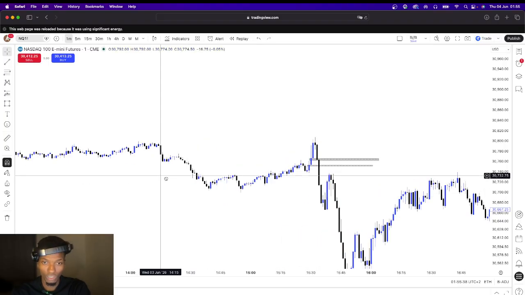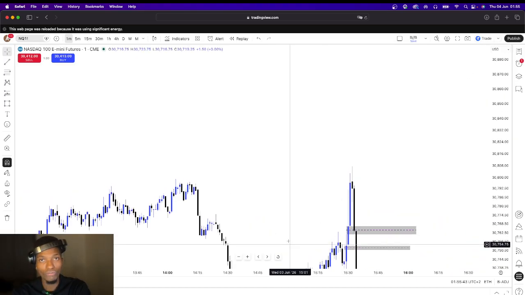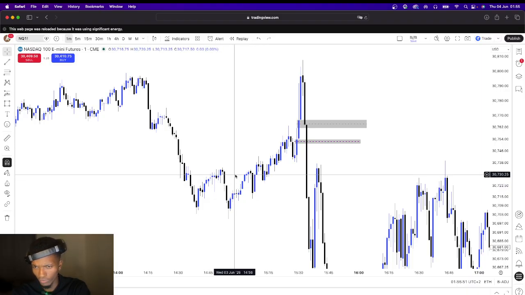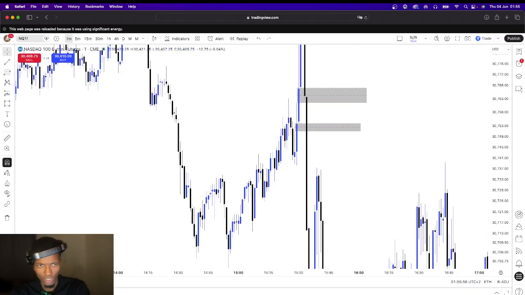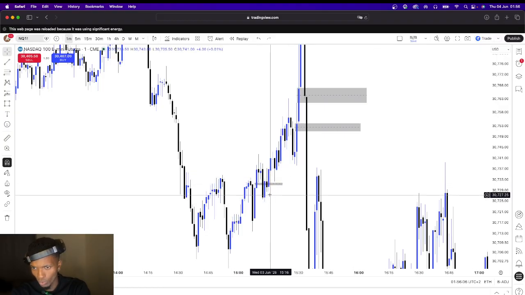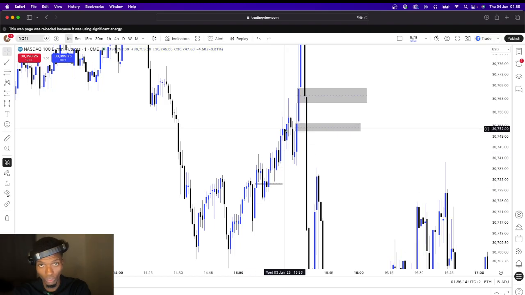Hence, we say this is not a strategy but a confluence that we use in order for us to take trades. Let me show you an example. On this fair value gap here, we inversed down here, but then we didn't continue the bearish movement, right? We moved upwards, you see.